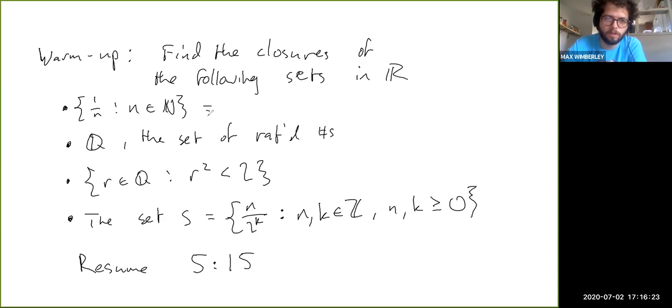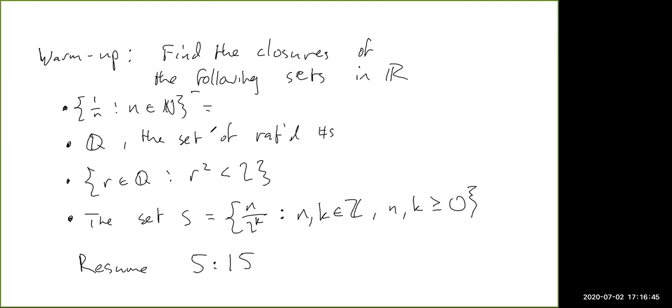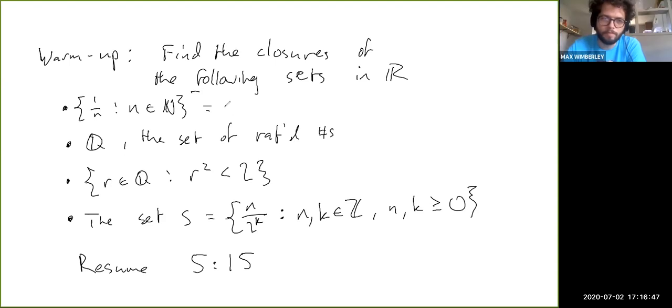So what's the closure of this set? Anyone? Is it 1 over n union 0? Yep. The only point in the closure that isn't already in the set is just the point 0.